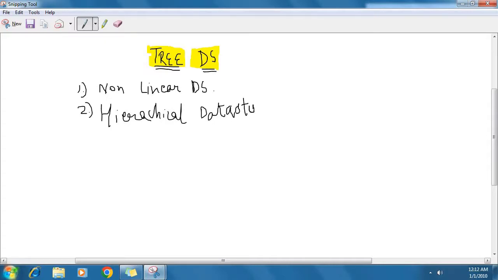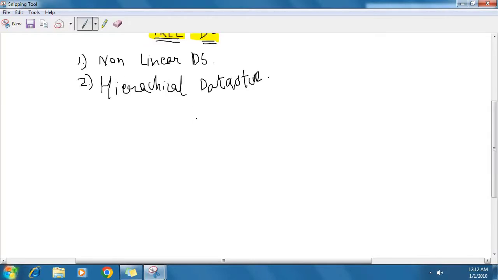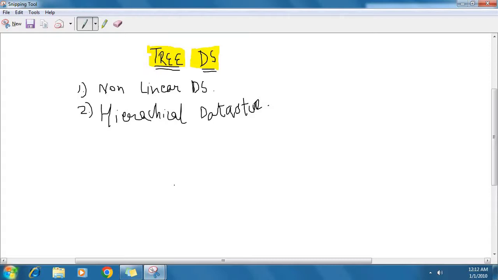Hierarchical means, as we know, in our colleges or in any institute there are different types of departments. These departments are linked with each other. So that type of information, when stored, should be stored in a hierarchical order, so that this particular department belongs to this particular field and so on. For example, let me show you an example of a hierarchical data structure, that is a tree.